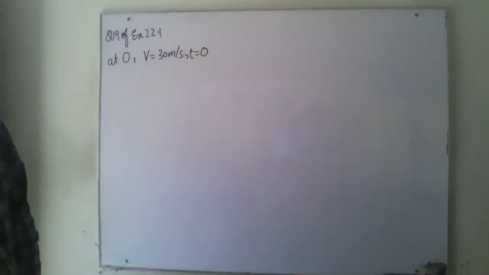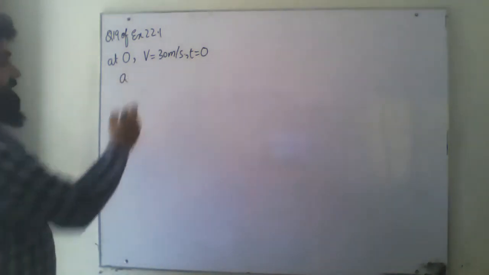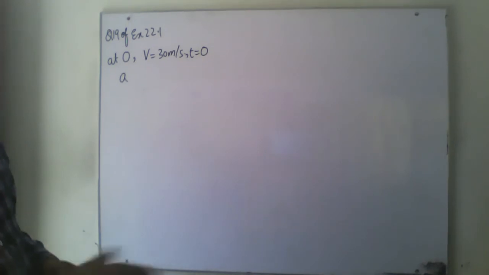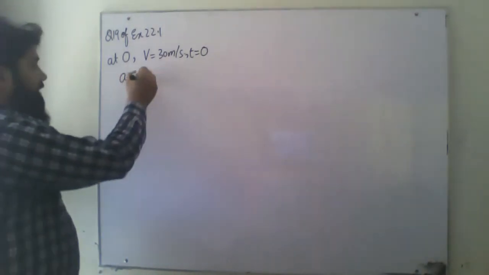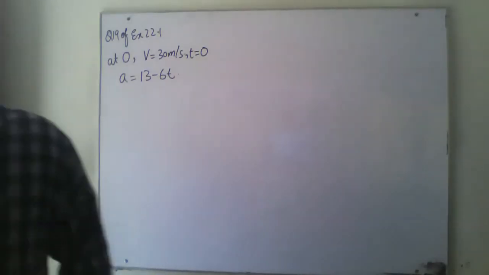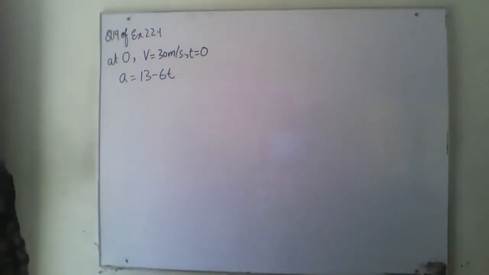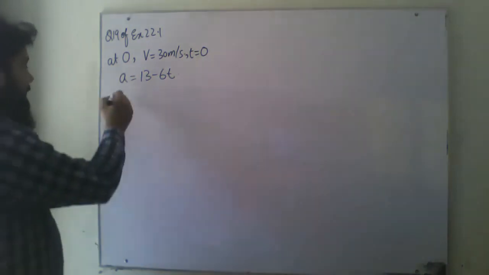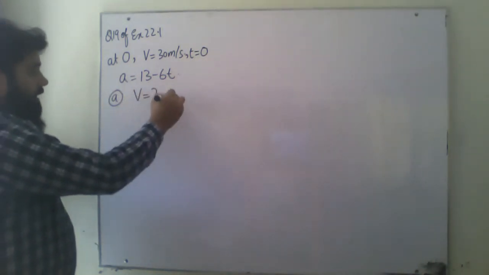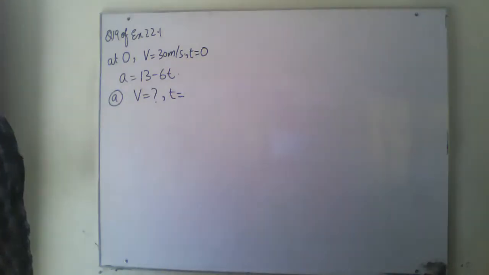After that, they are saying acceleration is given to us as 13 minus 6t. That is the first thing they are giving. Okay, now they are saying part A is find velocity after t equals to 3 second.